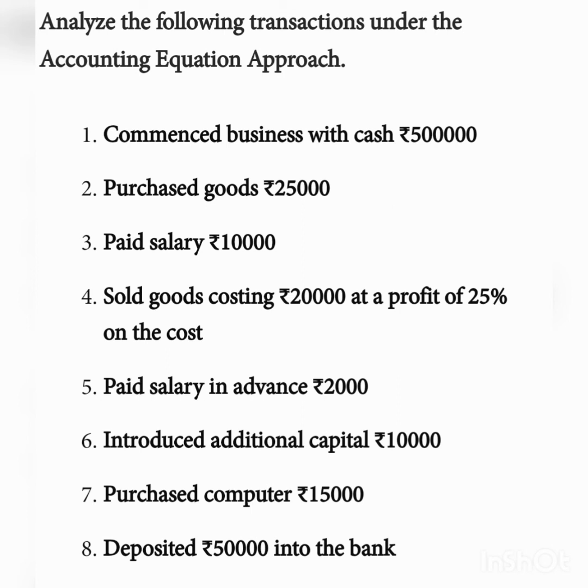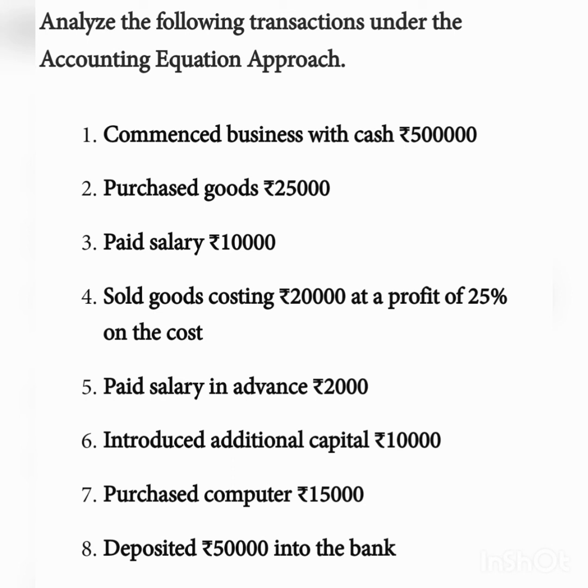After entering each and every transaction, next step is to write the accounting equation. Then write accounting equation: assets equal to liabilities plus capital, assets equal to cash account plus stock account plus computer account plus prepaid salary account.